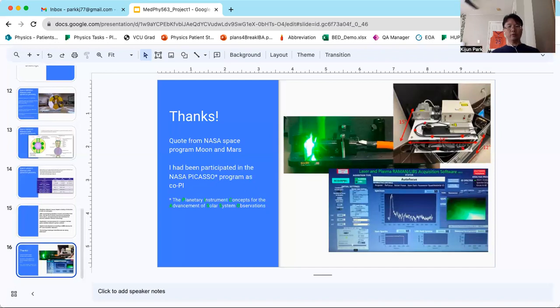It is a planetary instrument concept for advanced solar system observation. It required a spectrum, such as the Raman spectrum or the LIBS spectrum, to pick out which target sample has some organic component, in Mars or the Moon, so on other planets. It was quite interesting, and there was good progress in the program.